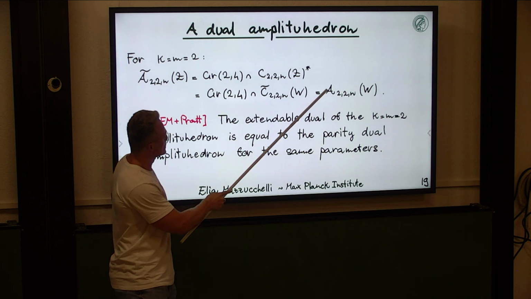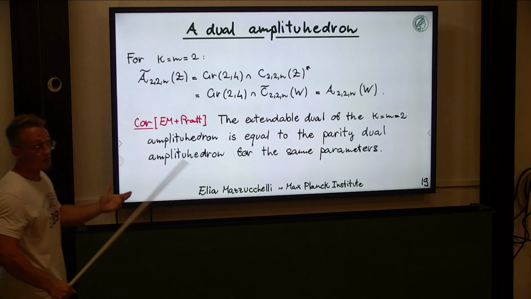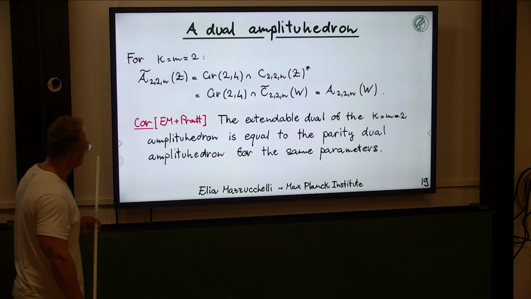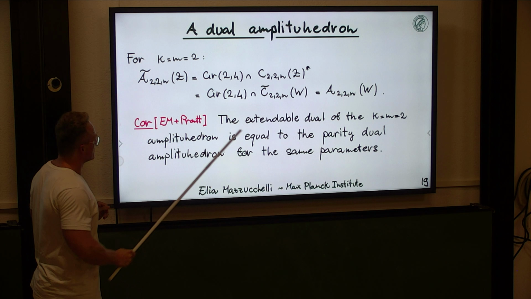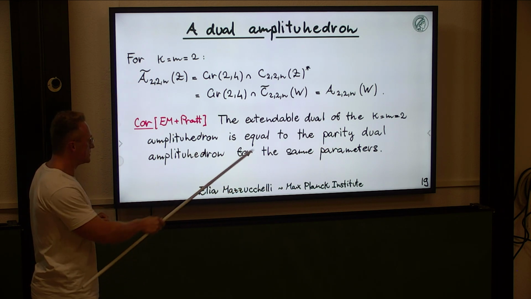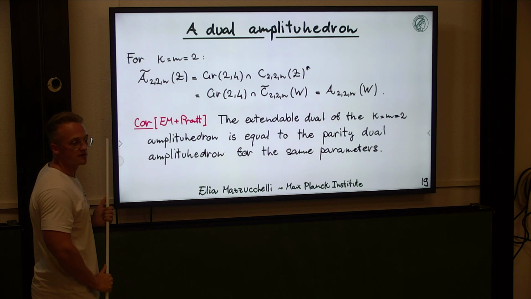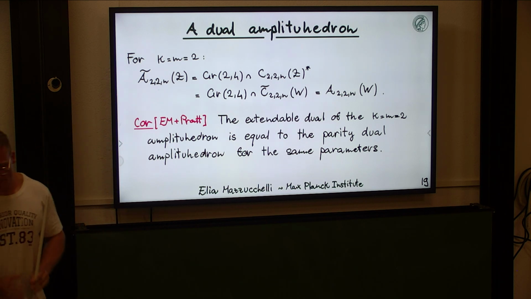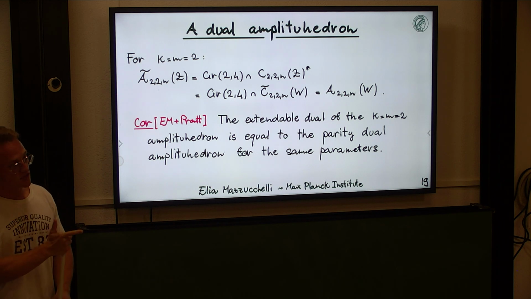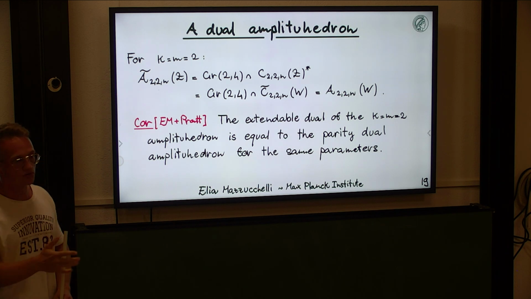And again, by the intersection theorem, I end up with an amplituhedron, which is already something interesting, but where now the positive matrix has been changed to this parity dual matrix, or this twisted matrix. So the extendable dual for k equals m equals 2 seems to give us back an amplituhedron, but with a different positive matrix, what in physics would correspond to parity duality, exchanging the MHV sector, which is k equals 2, with MHV bar.